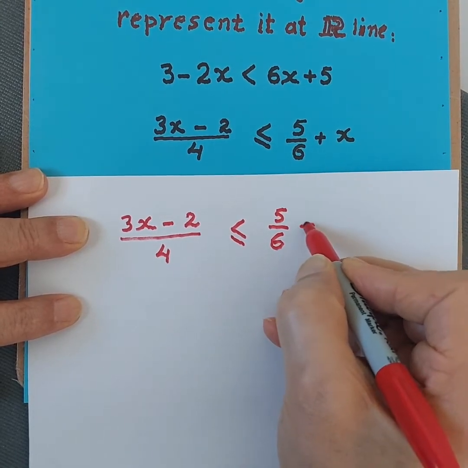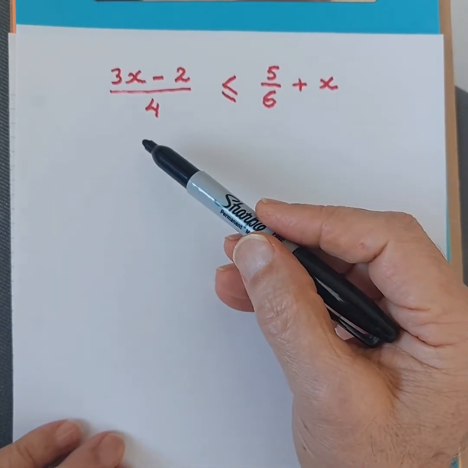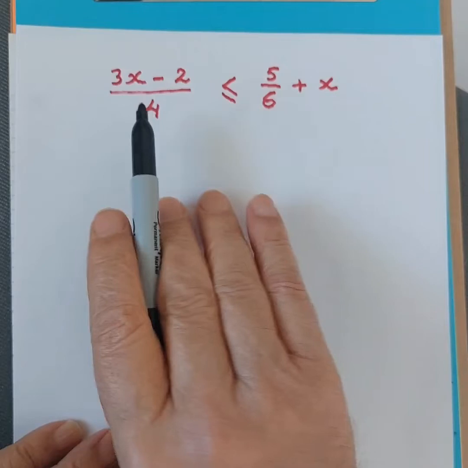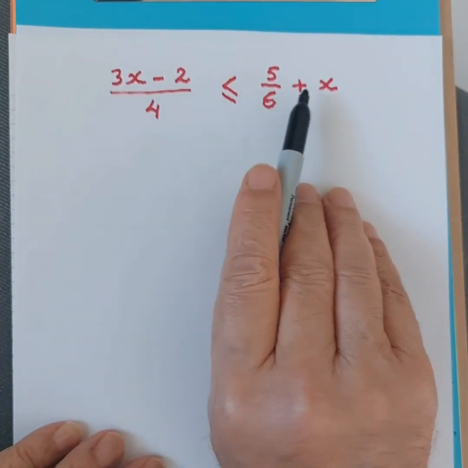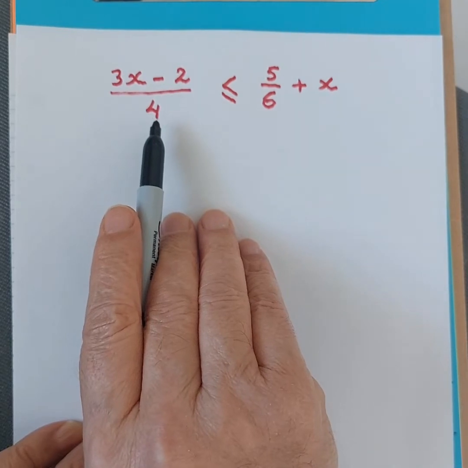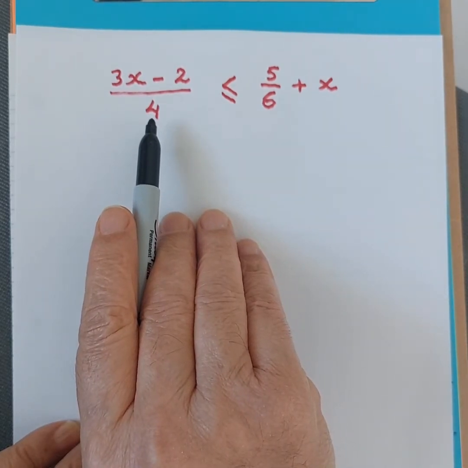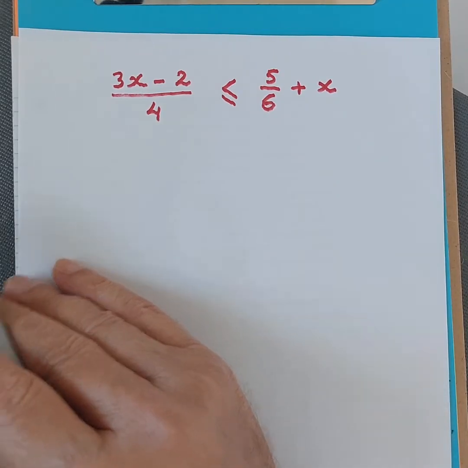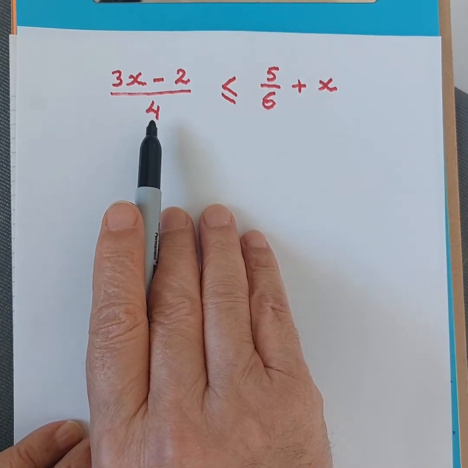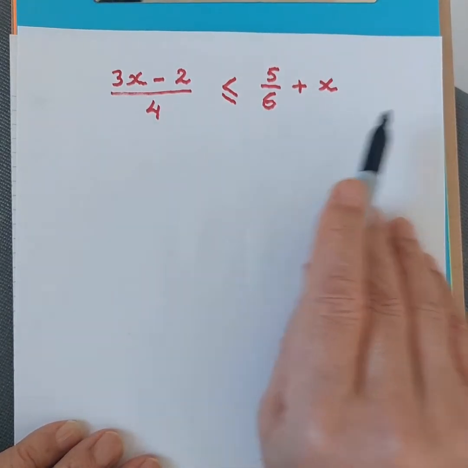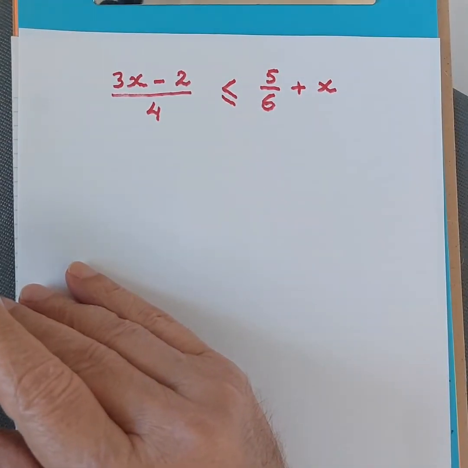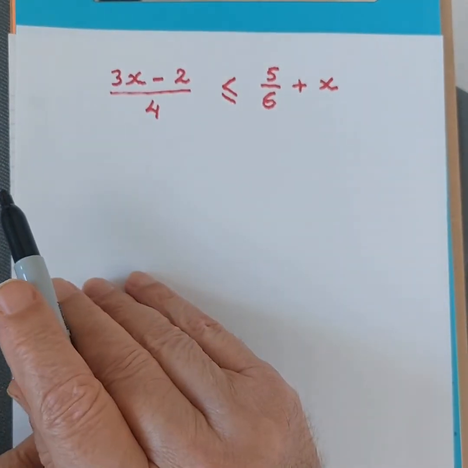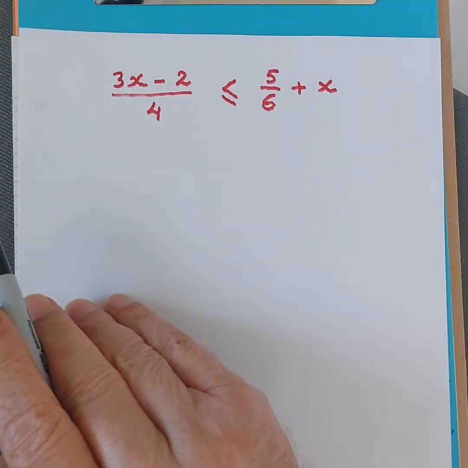Maybe some student will think to multiply both sides of the inequality by the least common multiple of the denominators, or other students think to do that in steps, not in one step.